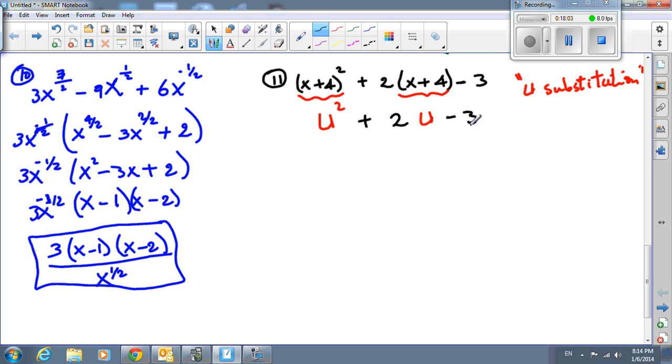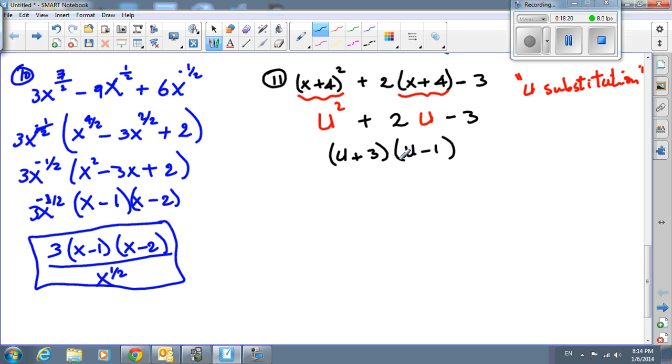Two numbers that the product gives me negative 3, and the sum will give me a 2. That would be 3 and negative 1. So this is U plus 3 and U minus 1.